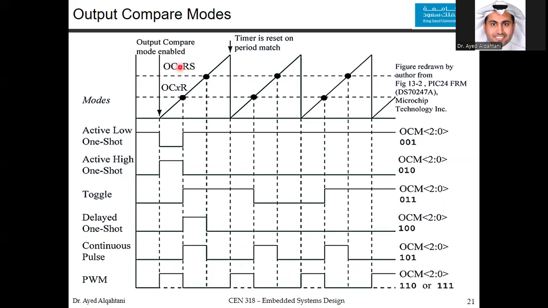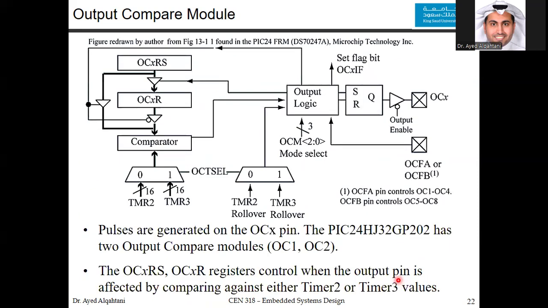To understand the relation between OCRS and OCR, let's see the hardware. Just to remind you before we go, the PWM we choose by the OCM bits, and to specifically choose the PWM, we put 0, 1, 1. Here's the timer.